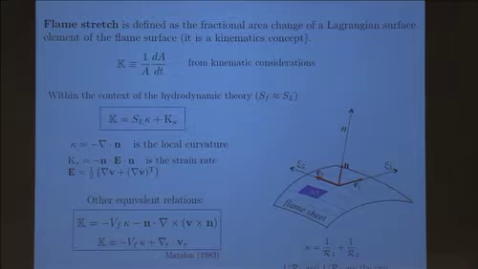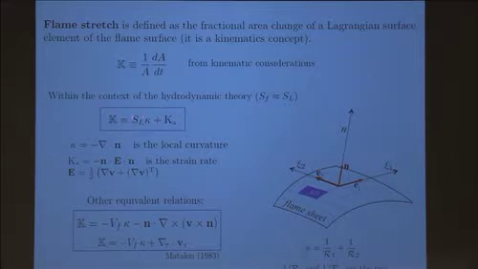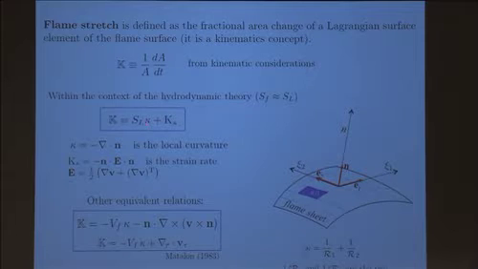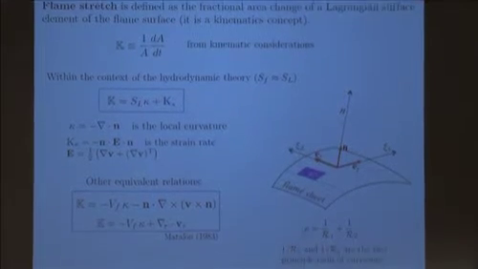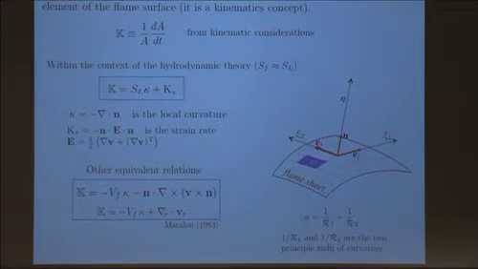And when we do this, we obtain a relation for flame stretch. There are a few such relations that are all equivalent. One of them is described here, which says that the flame stretch is curvature, okay? Now, curvature is kappa. The curvature of a surface can be computed from the divergence of the unit normal.